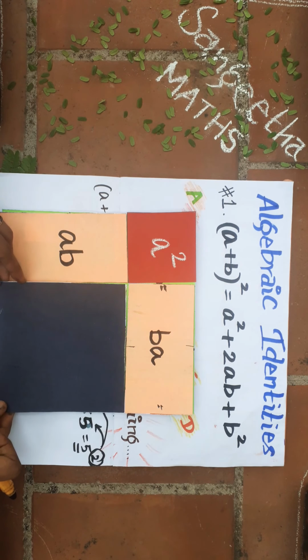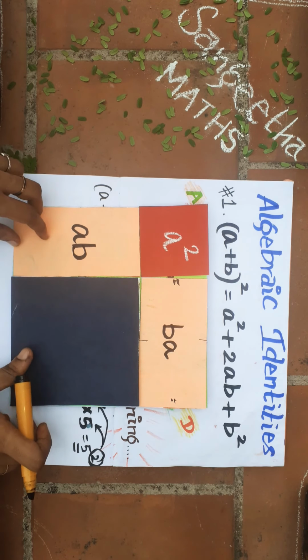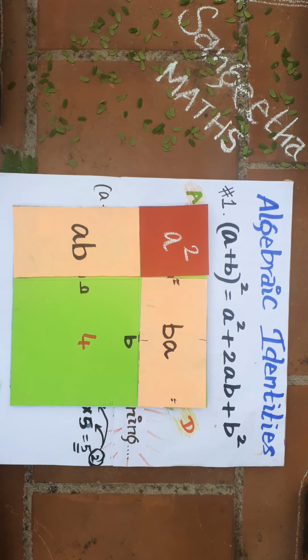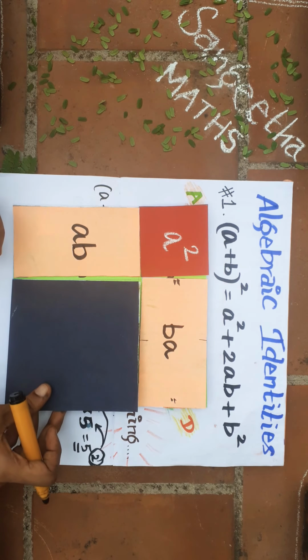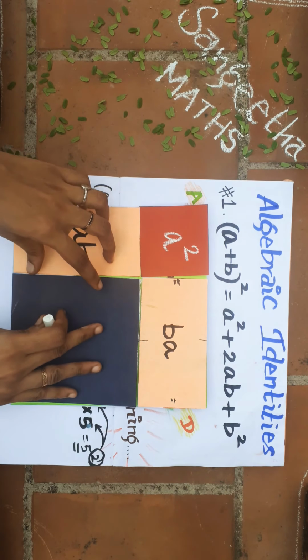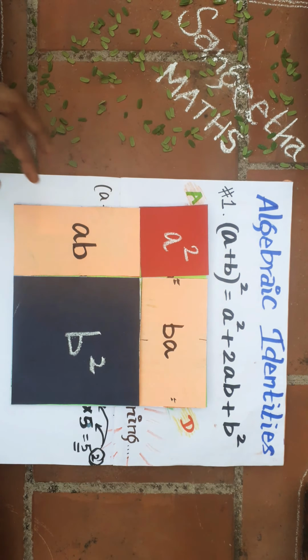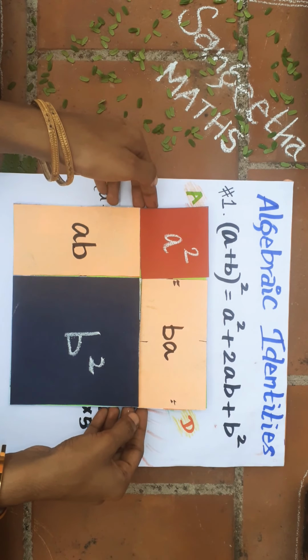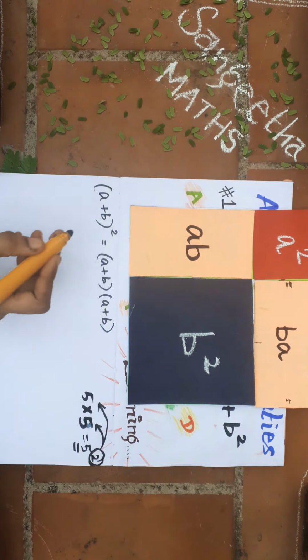It looks like a square, and all the sides are equal, say a measurement B. So the area of the fourth part is side into side, that is B into B, B square.